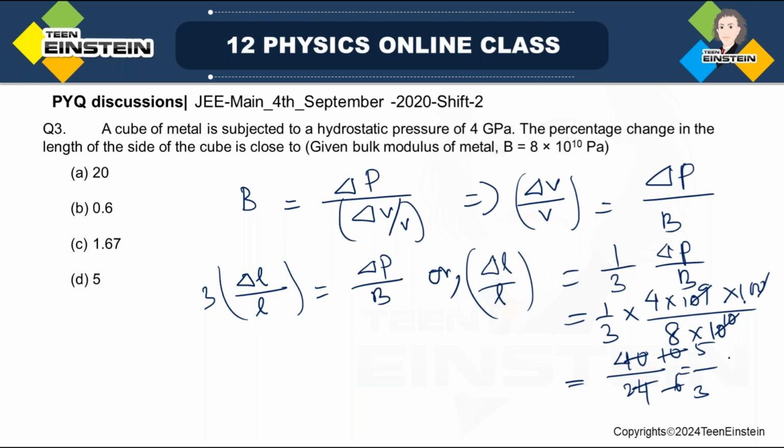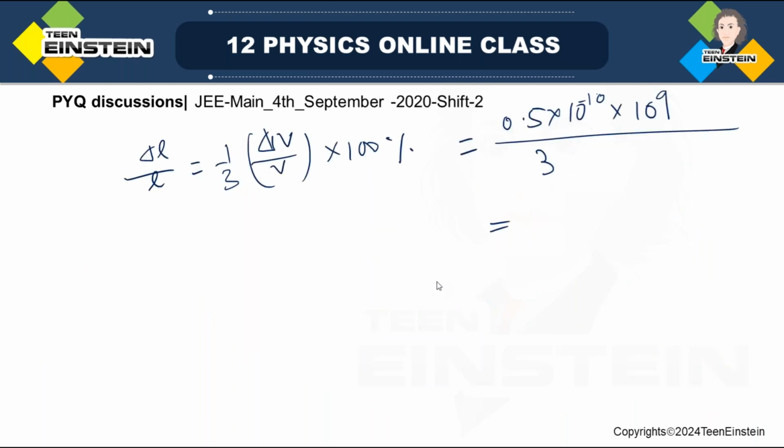So 5 by 3, 5 by 3. So 1.67. Option C will be the correct answer for this question. Okay, we'll go to the next problem.